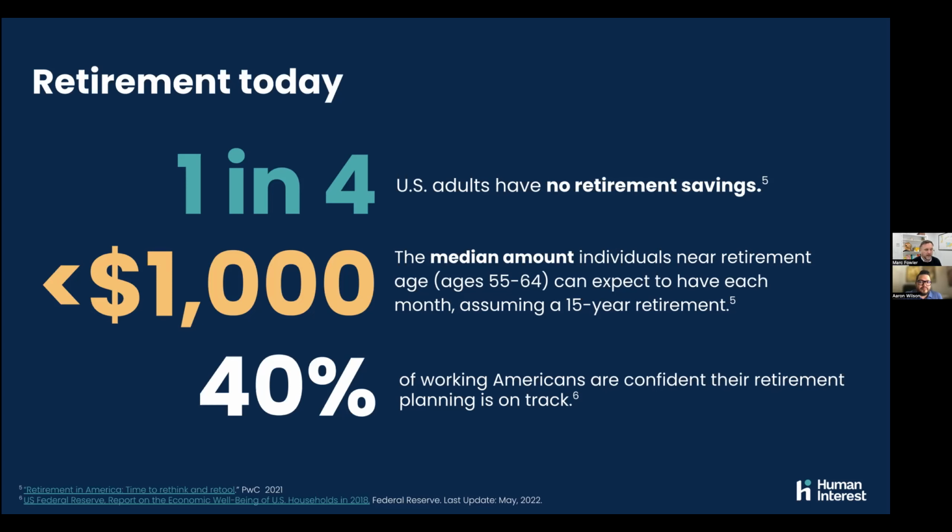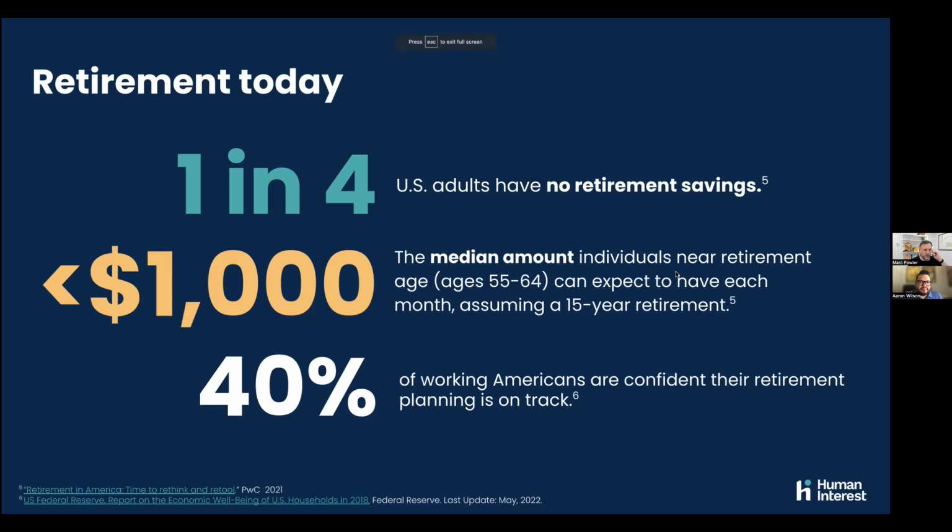So if you were planning out $8,000 a month in retirement, you would need $960,000 in your retirement savings, just as a rough guide, back of the napkin kind of thing.